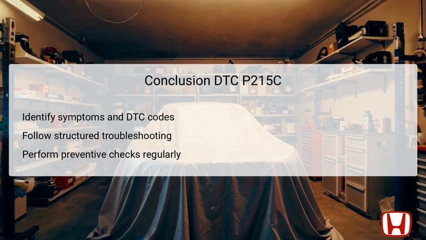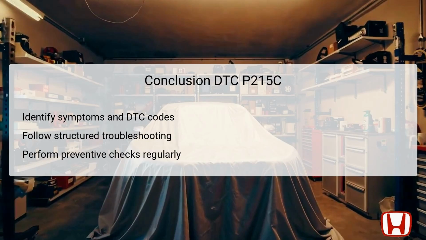In conclusion, addressing DTC P215C requires a structured approach to ensure accurate diagnosis and repair. The initial step is to identify all associated symptoms and any additional DTC codes that may arise. Following the outlined troubleshooting steps methodically will facilitate a quicker resolution to the issue.